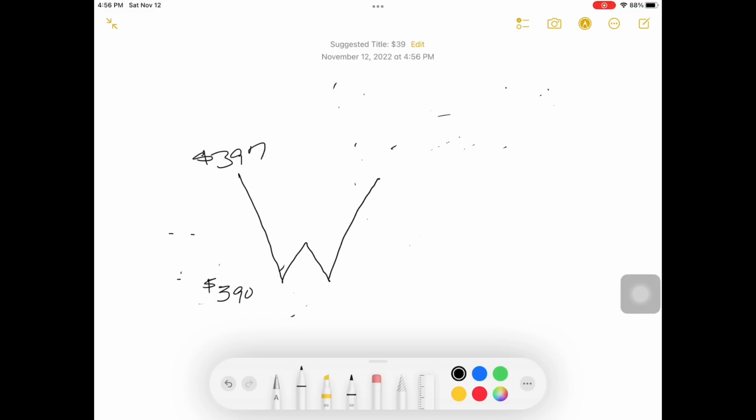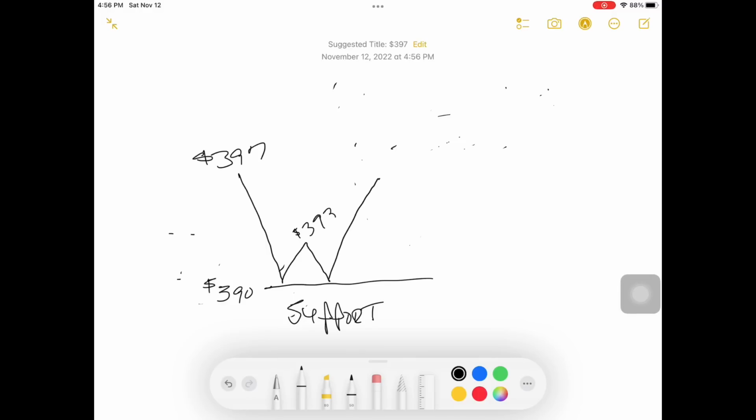The stock fell and came to a level of support. We call this support, but typically if it's a true strong level of support, guys, it's going to bounce off of this level. So it hit 390 and bounced. Let's say this is 393 right here.